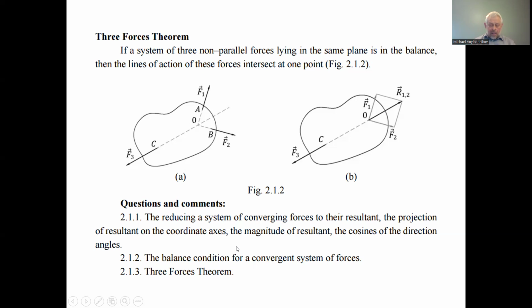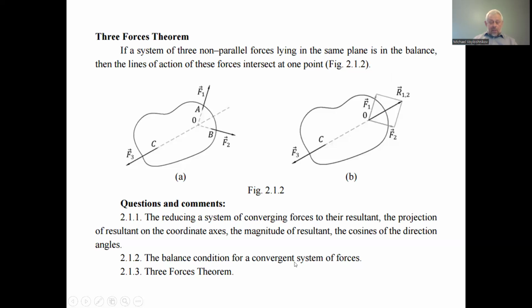Like usual, the magnitude of the resultant we can find using the Pythagorean theorem, by the square root of the total of squares of the projections of the resultant on the axes of the rectangular Cartesian coordinate system. The cosines of the direction angles of the resultant we can find as the proportion of each projection of the resultant on each coordinate axis to the resultant magnitude.